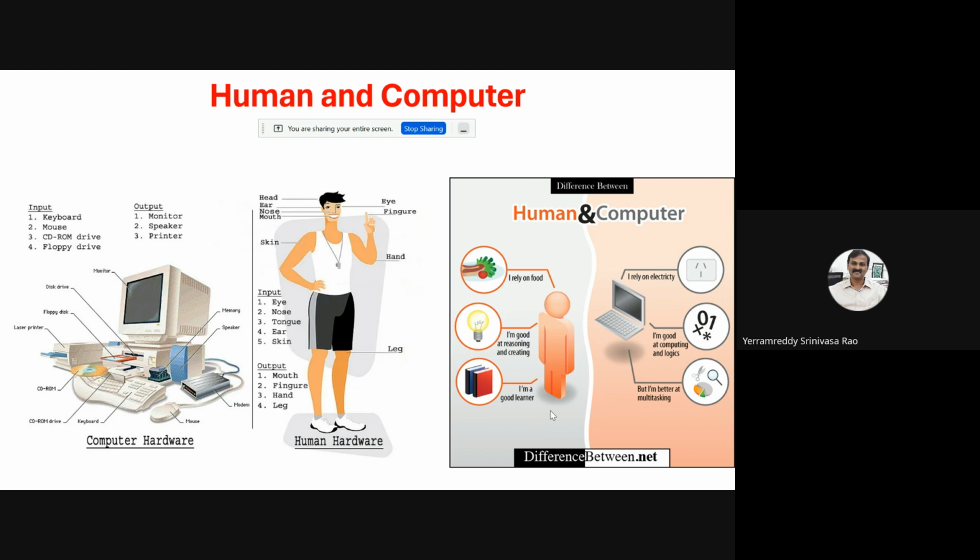If one of the sensors is not working in a human, then we call it disabled because his smartness is coming down. The person has some difficulty in understanding things, or we can say the intelligence level is coming down. The outputs for a human are mouth, finger, hand, legs. These are the physical movements where he or she will express and do things.